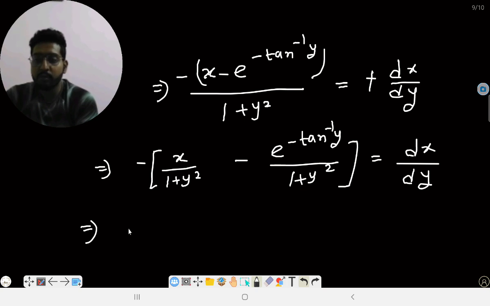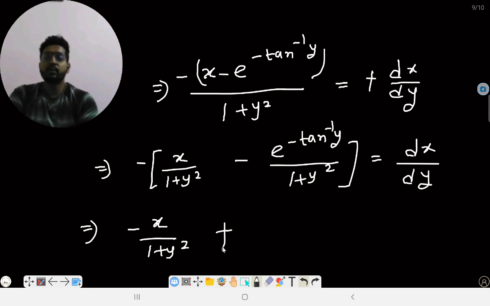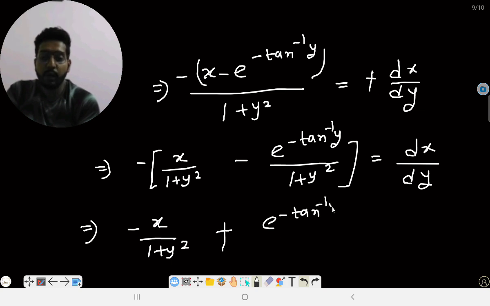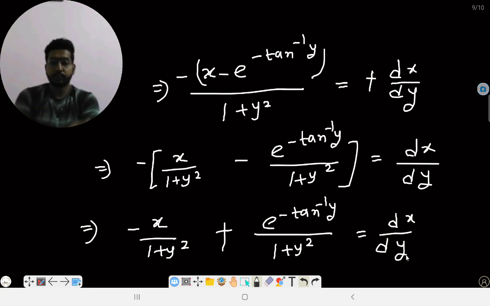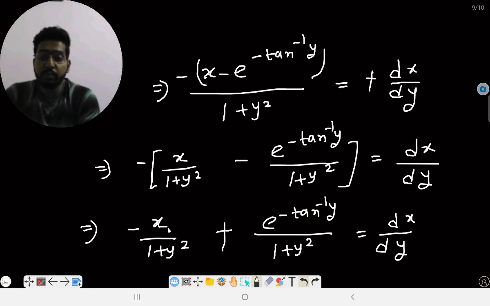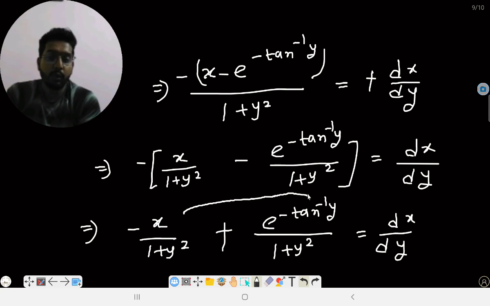Now if minus is multiplied, that will become minus x by 1 plus y square, and the minus minus will be plus e to the power minus tan inverse y by 1 plus y square equals dx dy, like this. Okay, now this minus x by 1 plus y square will go there.